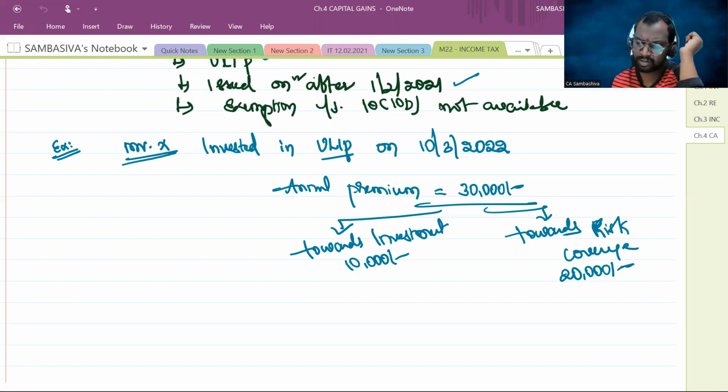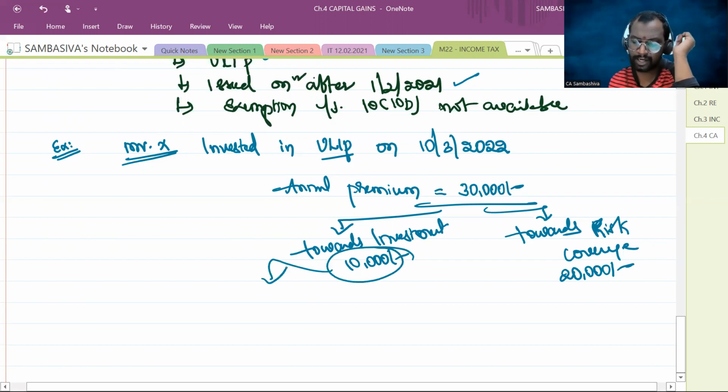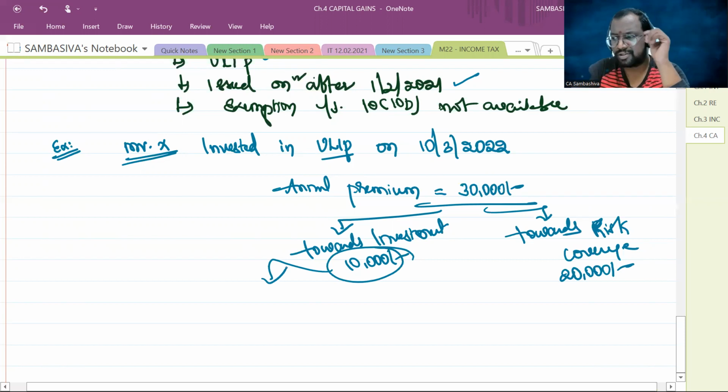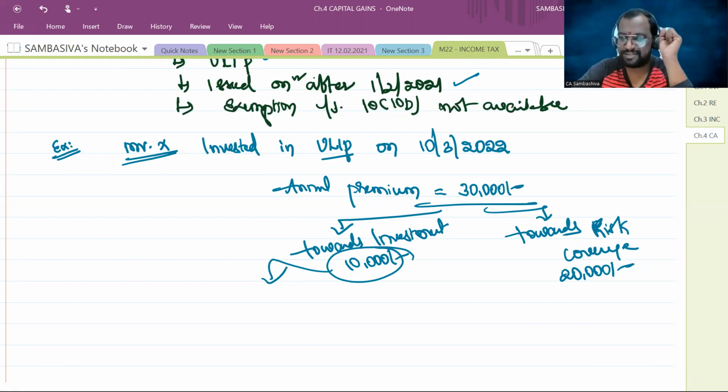Now this 10,000 rupees per annum investment, the insurance company will invest on your behalf into various mutual funds, and the mutual funds will allot the units to the insurance company, and the insurance company will maintain the units on your behalf. That is why these insurance policies are called unit linked insurance policies. You are not only getting risk coverage here, you are also making investments into the units of various mutual funds.